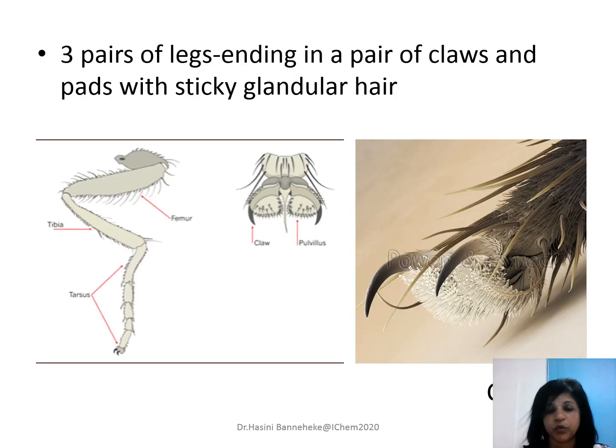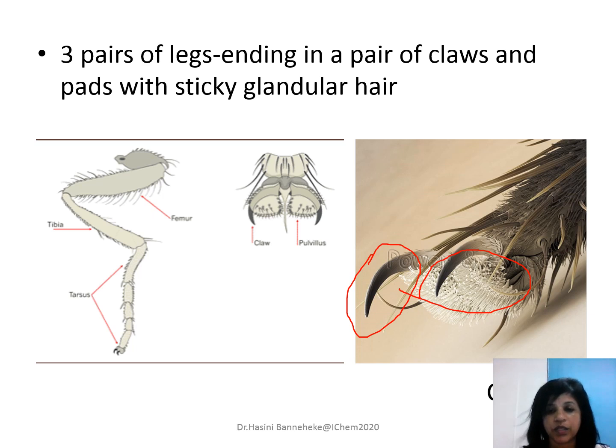So moving on, these are their legs. This is the actual appearance of the end of the legs, and this is the diagrammatic representation. Those end with claws. You can see the claws here, and these are the sticky granular hair which are present.